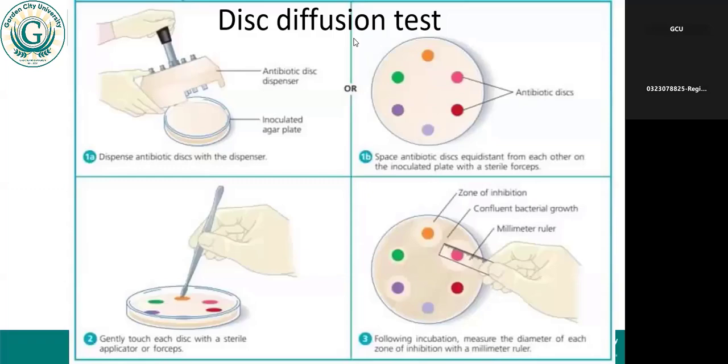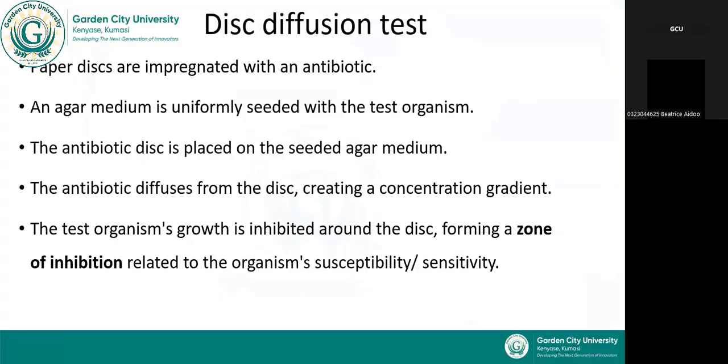Regina, please. Yes. When you were starting with the disc diffusion, can you go back to the previous one? This one? Yes. The first one, you said you first impregnate the disc with the antibiotic before you introduce the culture on it.